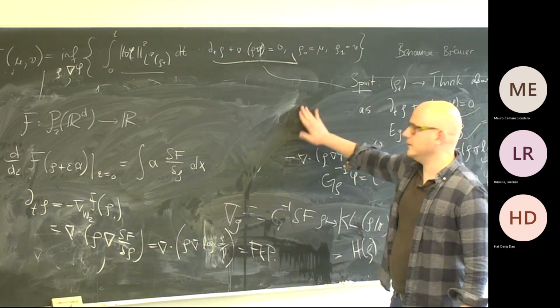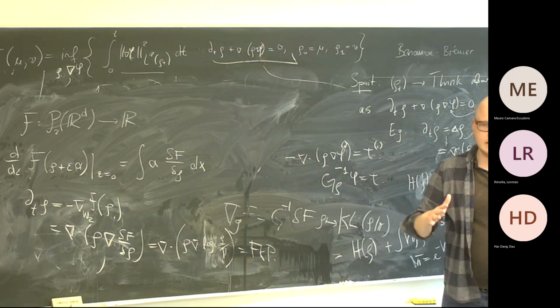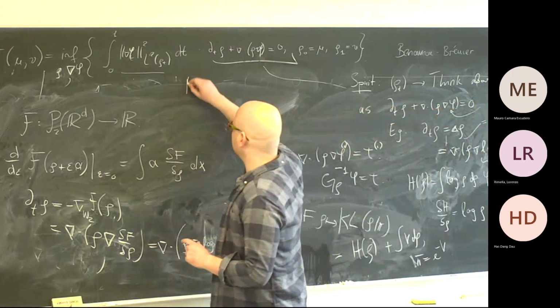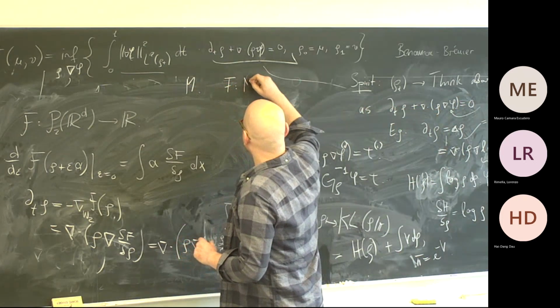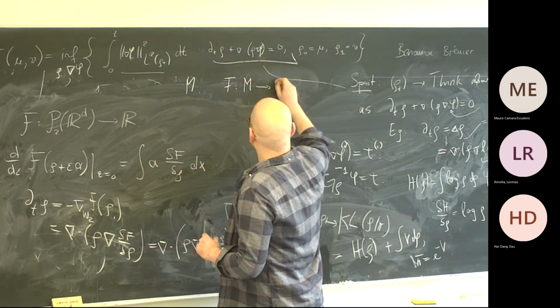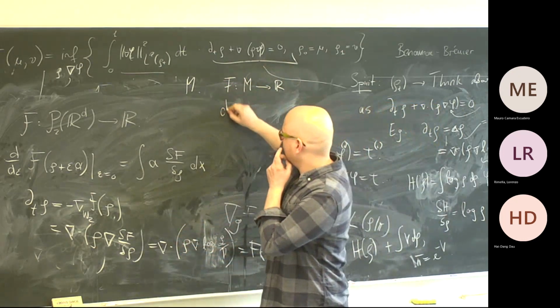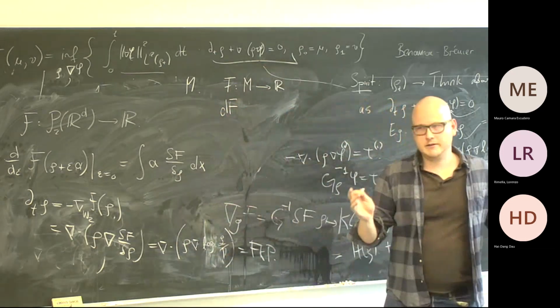So in geometry, if you place yourself on a manifold without a metric, and let's say you have a smooth function, then you can compute df without any additional structure, without any metric.